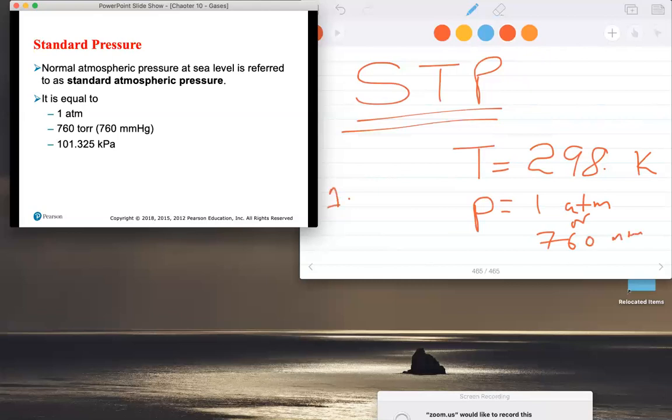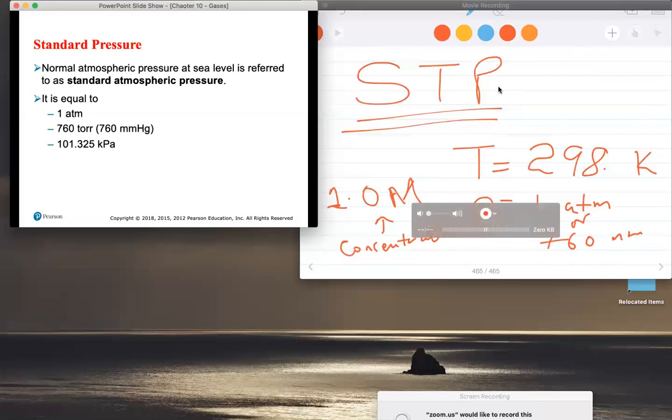And not for this chapter, the concentration is always 1 molar, molarity concentration. This is just to give you what is meant by condition at STP.